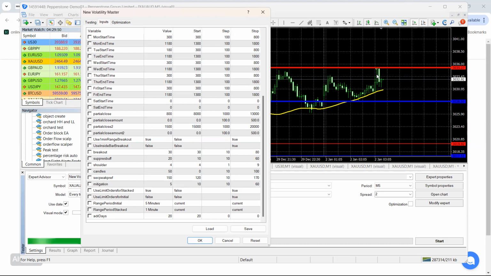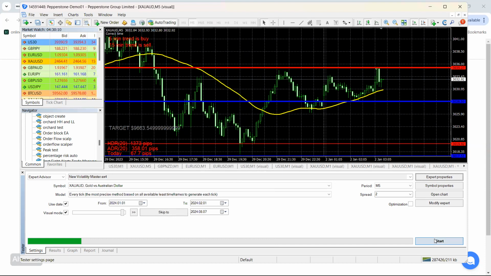So we end up with a better entry point, a tighter stop loss, and therefore potentially more profit. So that's the idea behind the limit orders. And the mitigation setting simply determines how far down the limit order is going to get placed. So let me just show you that working on the chart.